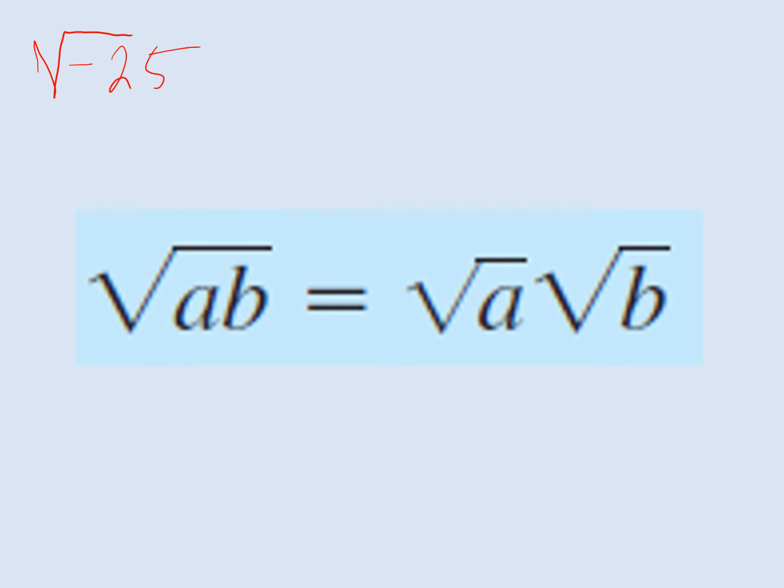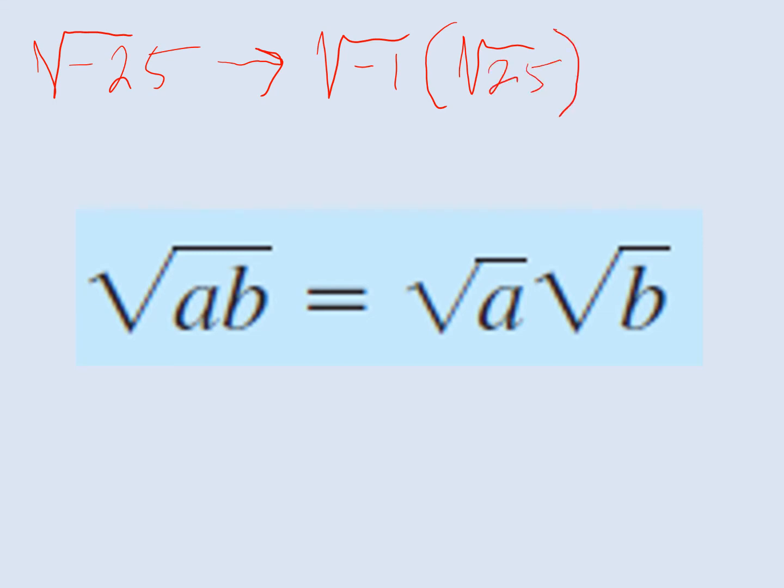We want to isolate the negative 1 because we want to express this in terms of I. So that'll simplify to the square root of negative 1 times the square root of, not negative 25, excuse me, square root of 25.